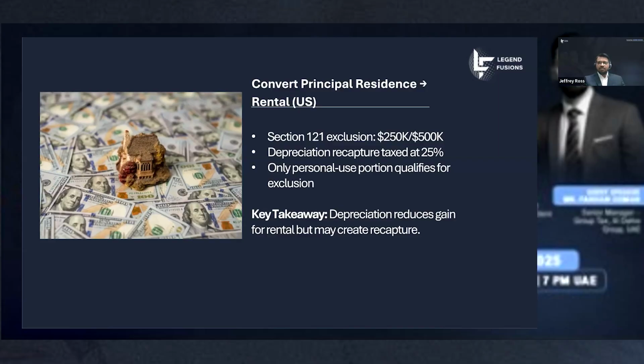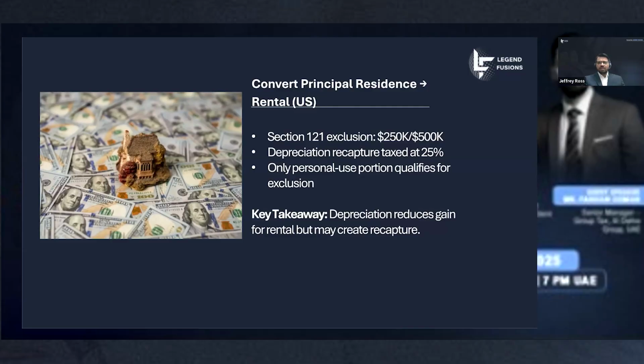The IRS says that if you sell the property within this time period, there is $250,000. This is not completely exempt like in the UK or Canada, but there is a limit, or you can say a threshold, up to $250,000. If you are single, a sole owner, and if both you and your spouse own the property, then there is a $500,000 threshold you can claim as an exemption for capital gains taxes.